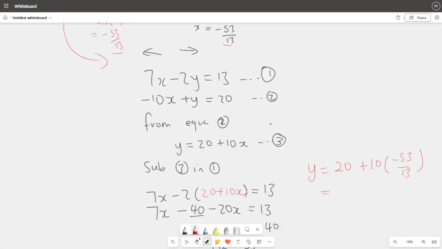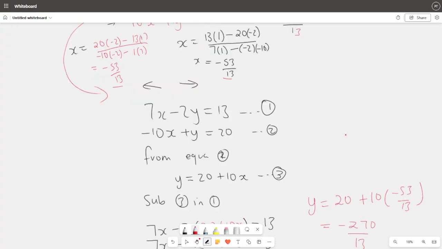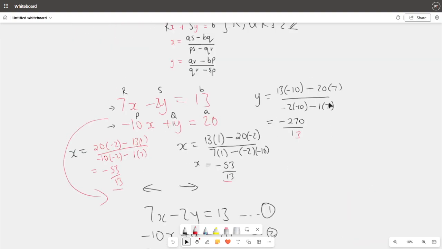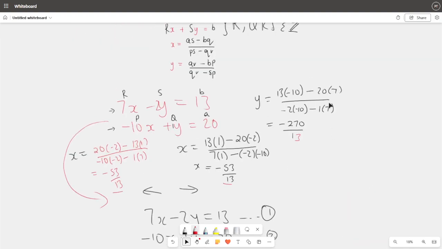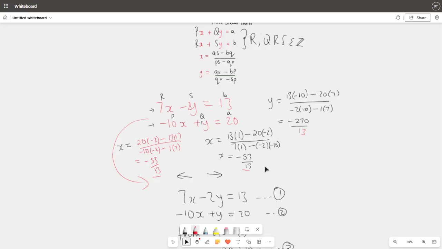When you press that on your calculator straight away, you get negative 270 over 13, which exactly is the same value. Oh, I forgot to write 13 right here. It's supposed to be 13 right here. Yes, you get exactly the same value as you do when you do the traditional method, but take a look at how much time it would have spent you. Approximately more than a minute to actually get your answer. With this one, you substitute and you get the right values right away.